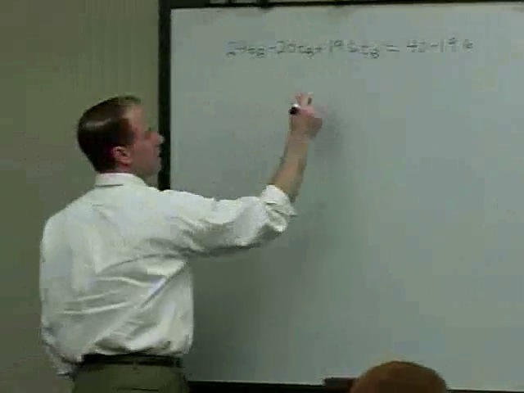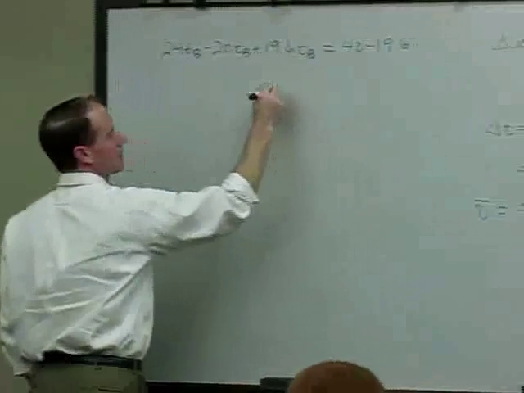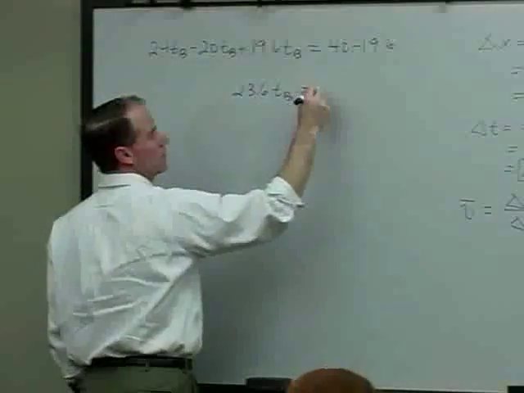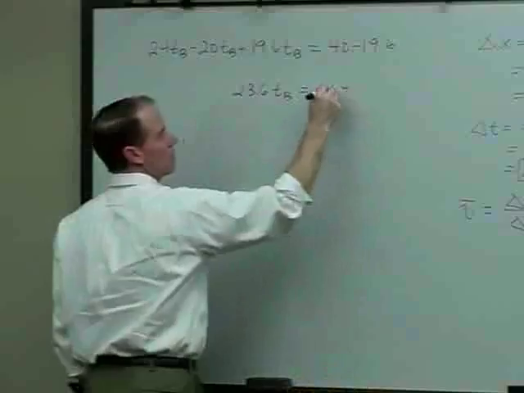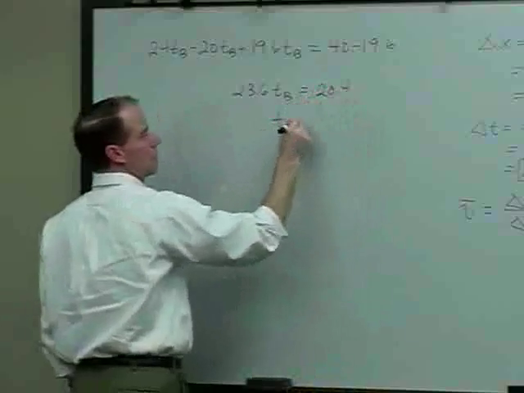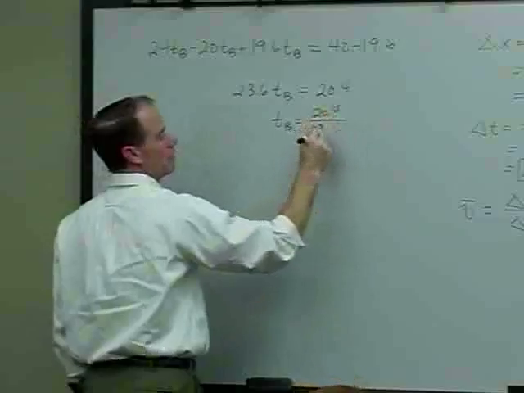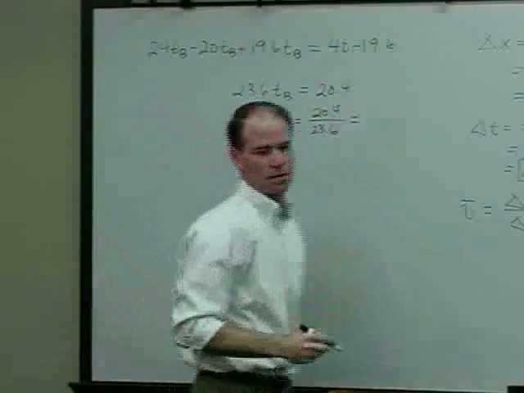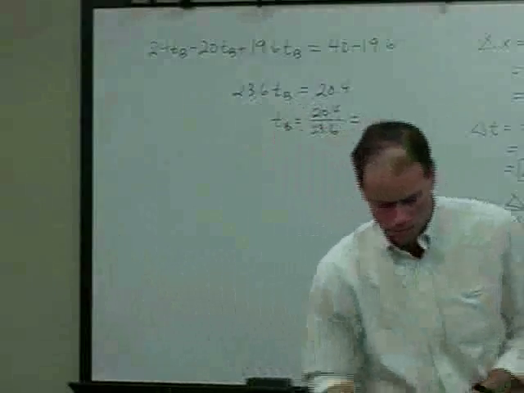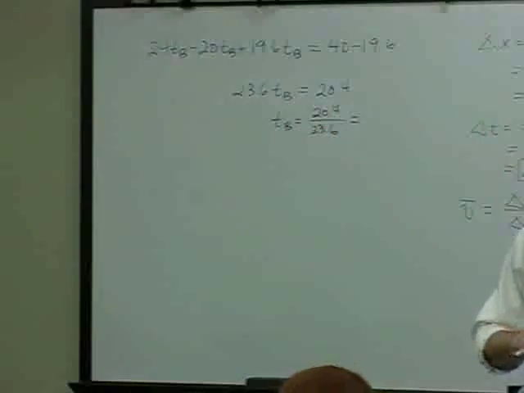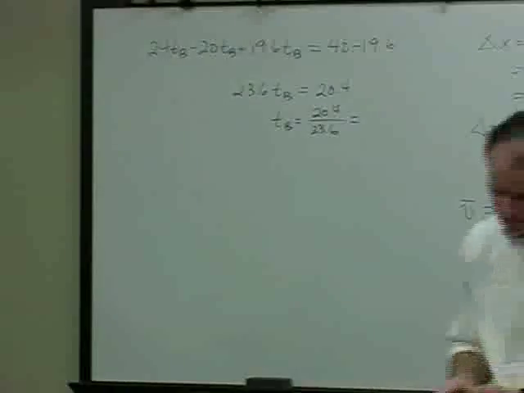So we got 4 plus 19, so we got 23.6 equals 20.4. Time for B is 20.4 divided by 23.6. It's 0.864 seconds.